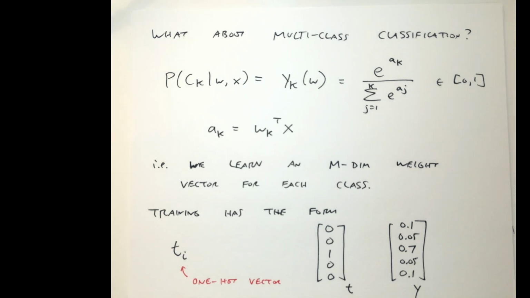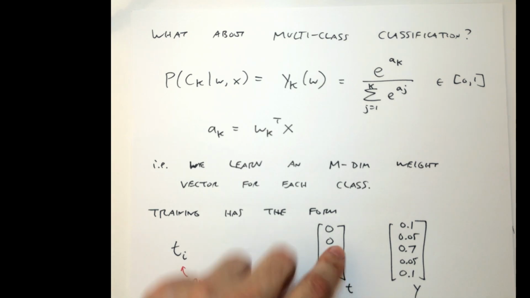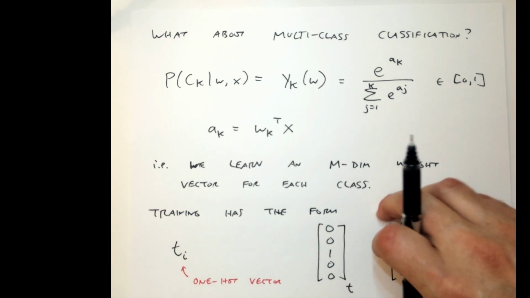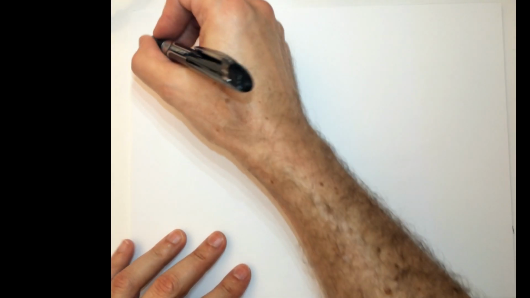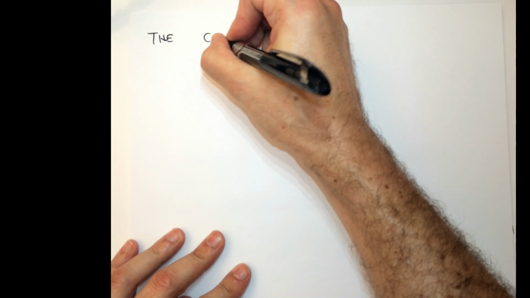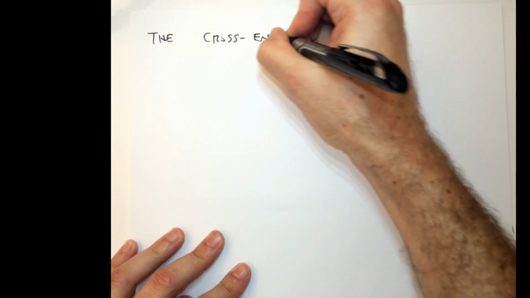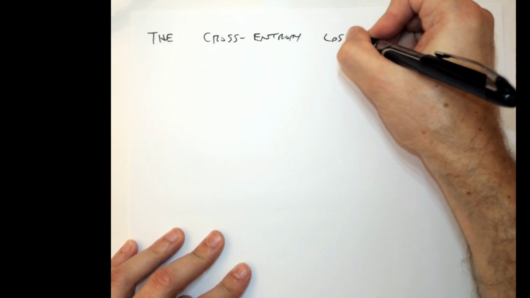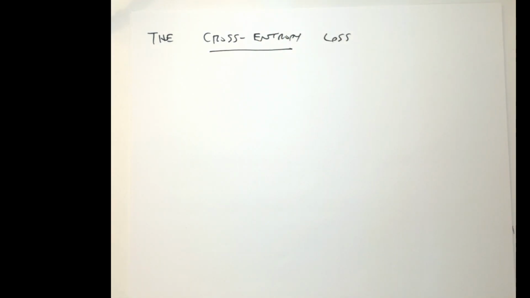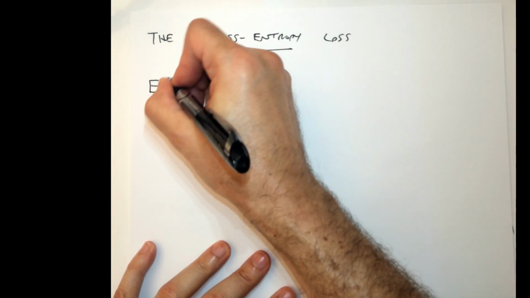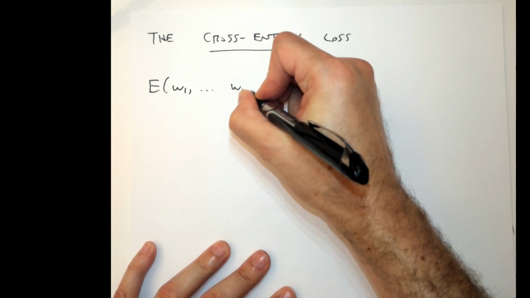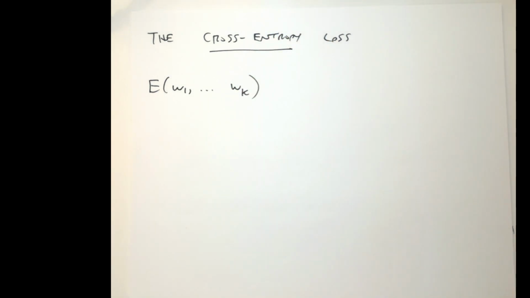And that's actually even easier to write because, looking at this, only one of the entries is not 0 on the t side. So the general loss, the cross entropy loss, is not binary anymore because I have more than two classes. Now I'm trying to solve a problem that involves k m-dimensional vectors.